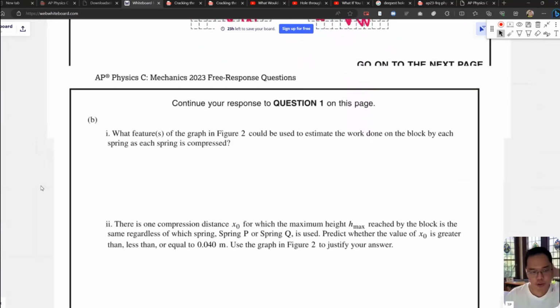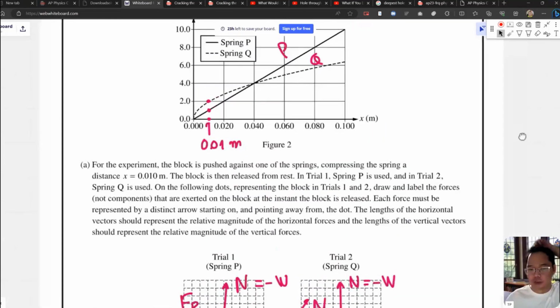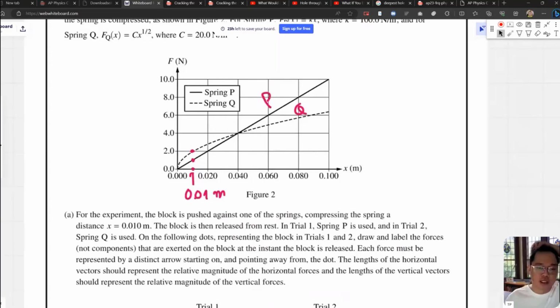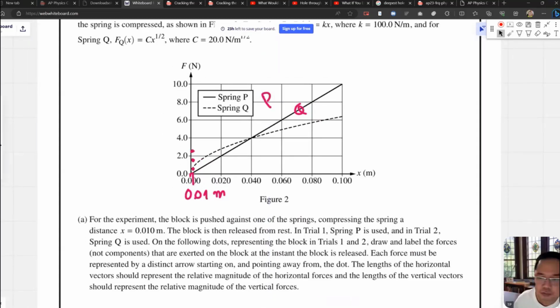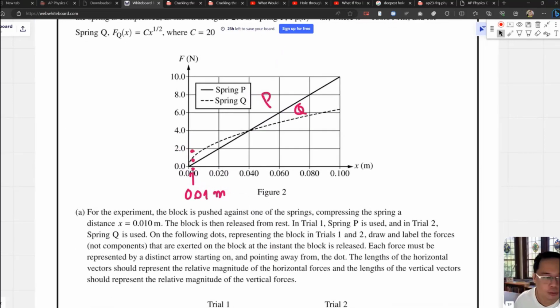Question 2. What feature of the graph could be used to estimate the work done on the block by each of the springs as the spring is compressed? Work done is equal to the area under the graph, because this is the graph of force versus distance. And we have the definition of work.